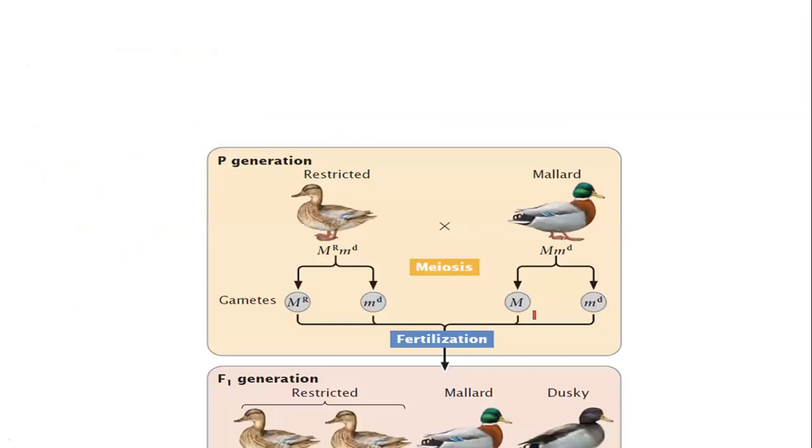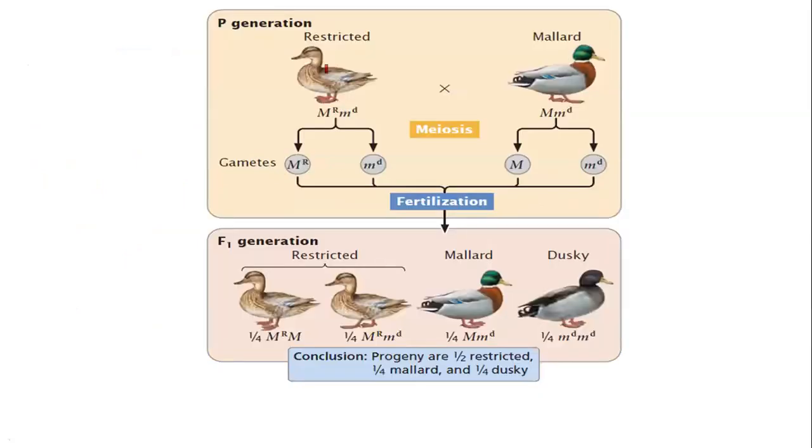So look at this one. This is the feather pattern in the restricted duck. Mallard duck has a green head and a little bit grayish hair, and brownish on their chests. When a heterozygous restricted, capital MR and MD, is crossed with a heterozygous mallard, the gametes are capital MR, small md, and capital M and MD.